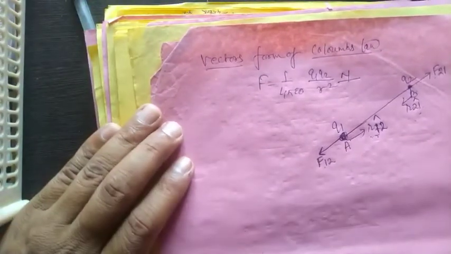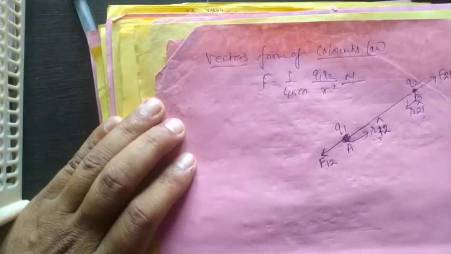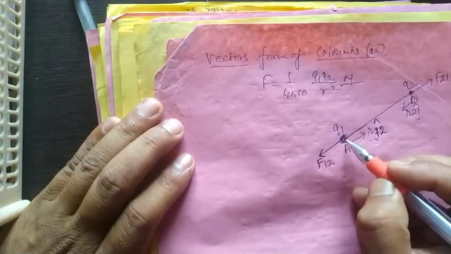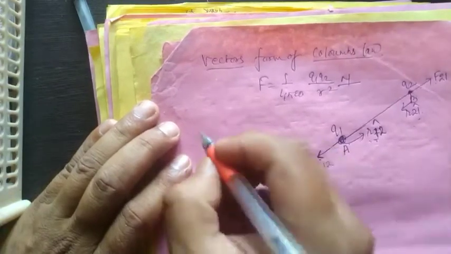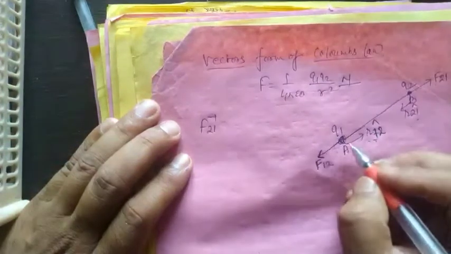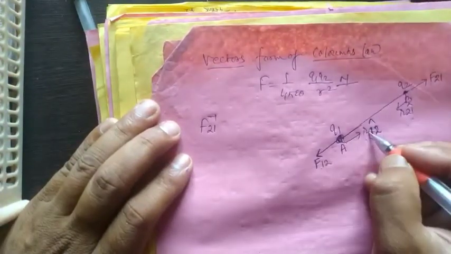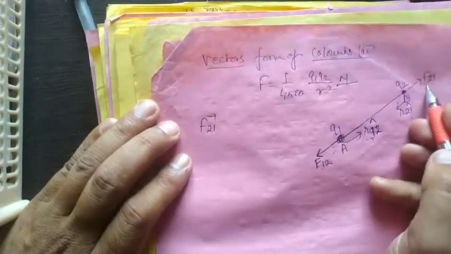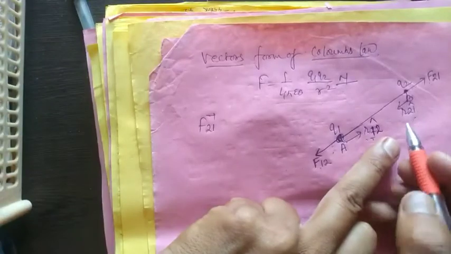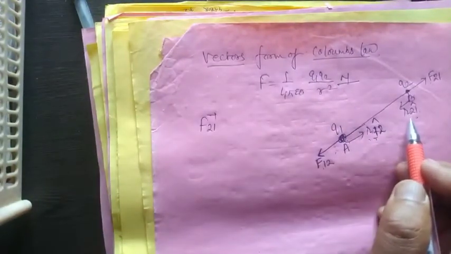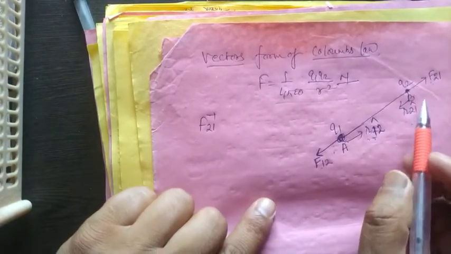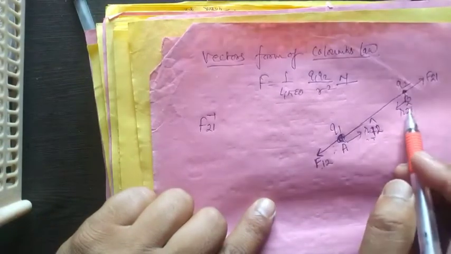Now we have the force on q2 due to q1, which is F21, and the unit vector is indicated in the direction from r2 to r1.